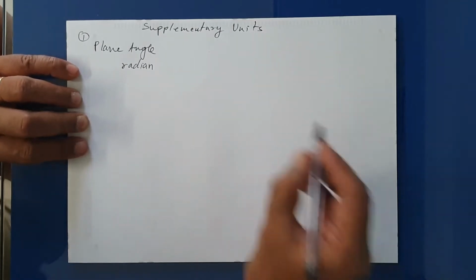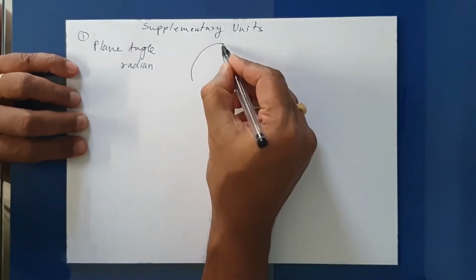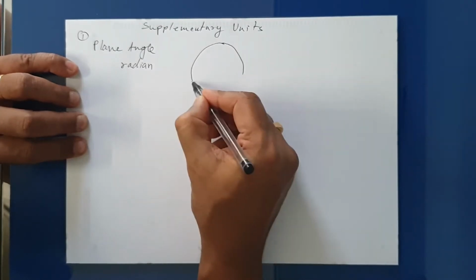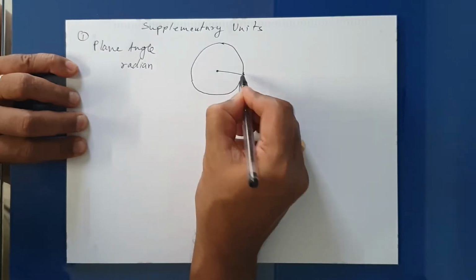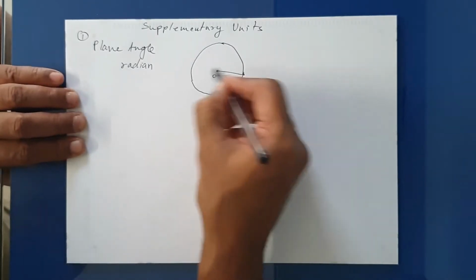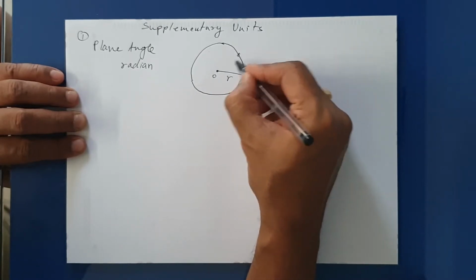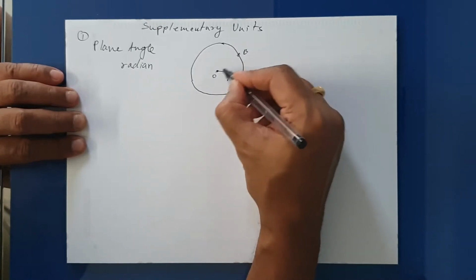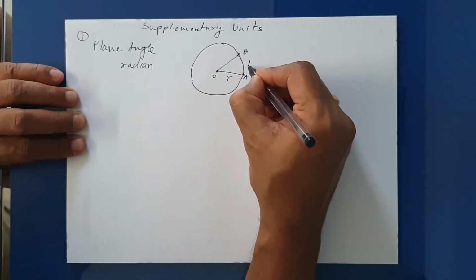Now let us see what radian is. We just consider a circle of radius r. Center is O, radius is r, and here are 2 points A and B. AB is an arc of length l.